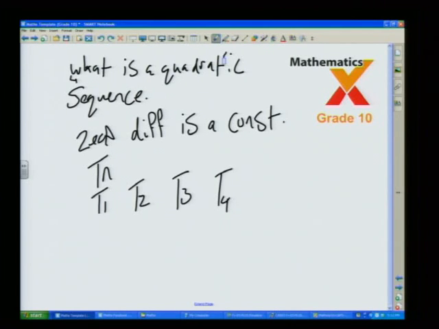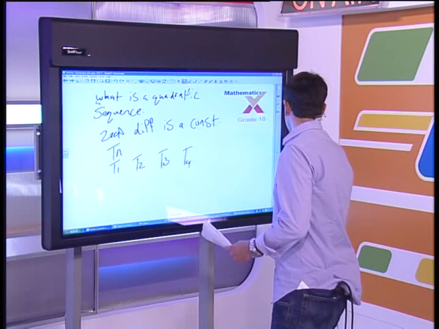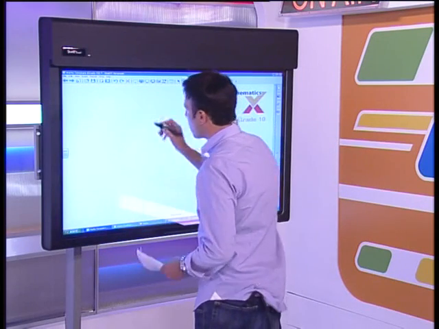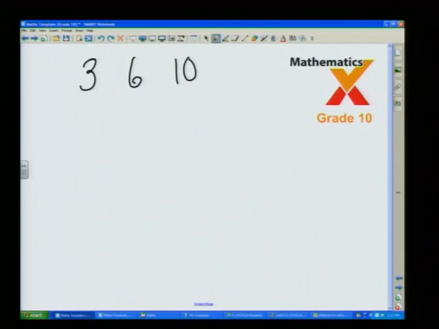Now to illustrate what is a difference, I think I'm just going to use a numerical example. So let's see if we can scroll down here. The example that I have is 3, 6, 10 and 15, and the sequence will continue. Before I write down the next term, let's see if we can actually use the differences in order to understand what the missing term might be.